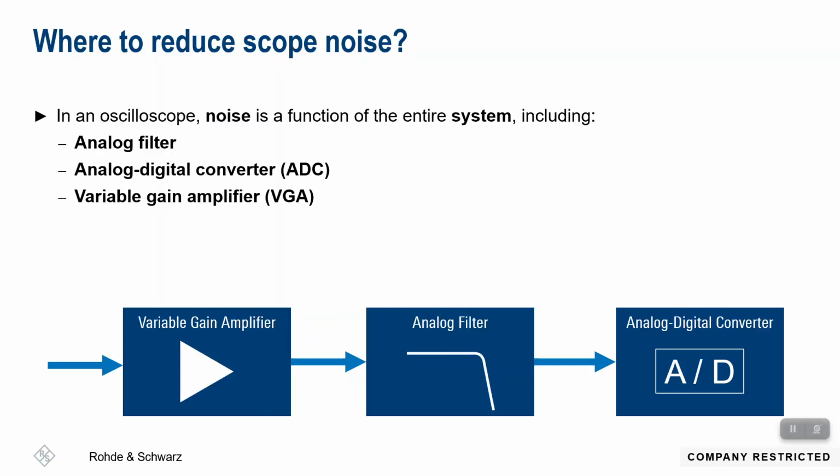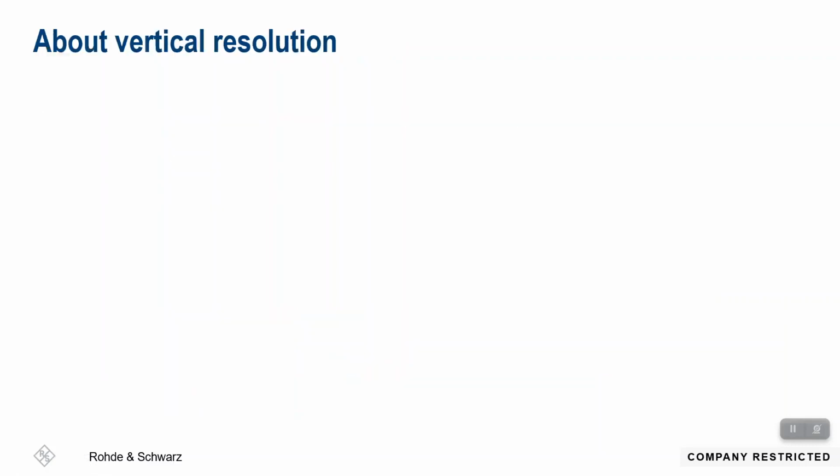Obviously, you need to do the best job you can on the variable gain amplifier and the analog filter, but usually this analog to digital converter is purchased from another company, and you want it to have a large number of bits, and you want it to be low noise. So let's talk about that a little bit more.